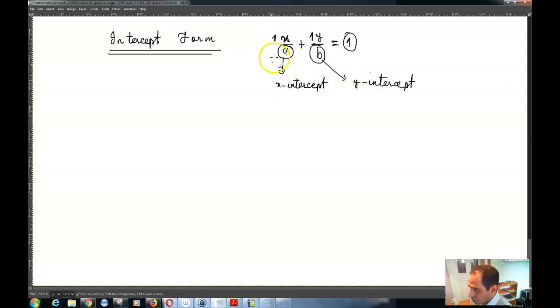You would have to make changes to your equation so that this coefficient becomes 1, this coefficient becomes 1, and this constant over here is 1. Then you can take this number as your x-intercept and this number as your y-intercept. Of course, we have some examples to make this clear.